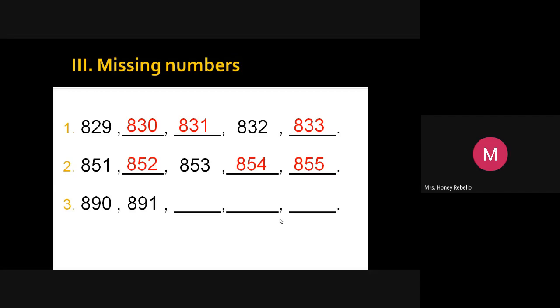Leave a square. Number 3 in your margin. Copy the first number. 890. Leave a square.